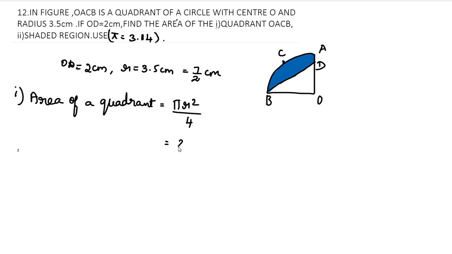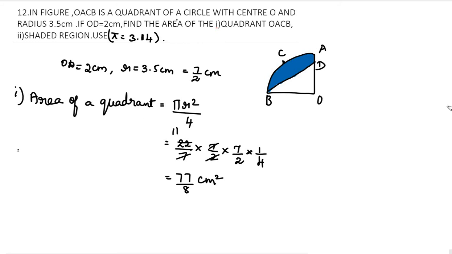So instead of pi, I use 22 by 7, and instead of r, I write 7 by 2 into 7 by 2, into the denominator 4. When I cancel 7 and 7, 2 11s are 11, 7s are 77, 4 2s are 8. So 77 by 8 centimeter square.